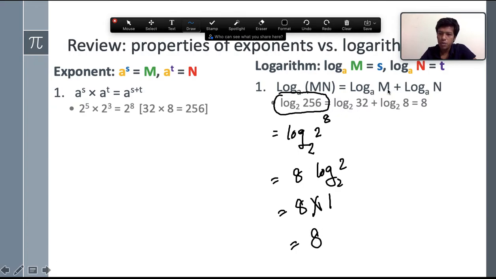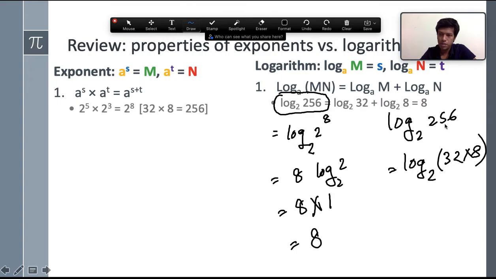Now, how does it work in this way? We can write 256 as 32 times 8, because 32 times 8 equals 256. Then based on the rule, if we see something in multiplication within a log, we can write it as addition.